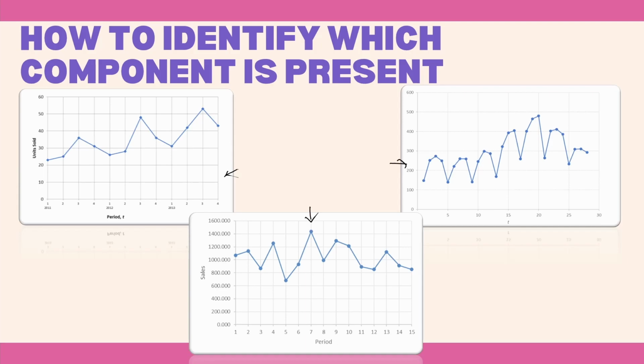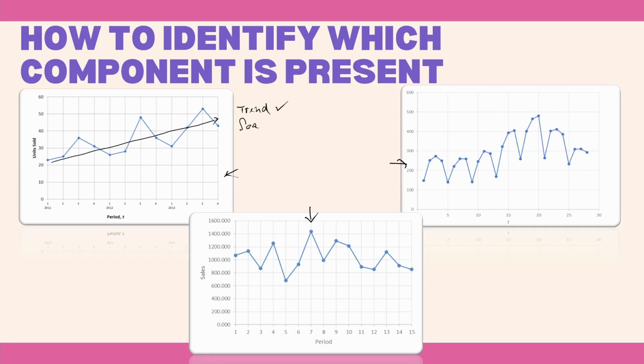Now suppose I ask you whether you find trend or seasonality in these graphs. Looking at the first graph, you will tell me yes, obviously some kind of trend is there, because I see that the data is moving upward. So trend is of course present here.